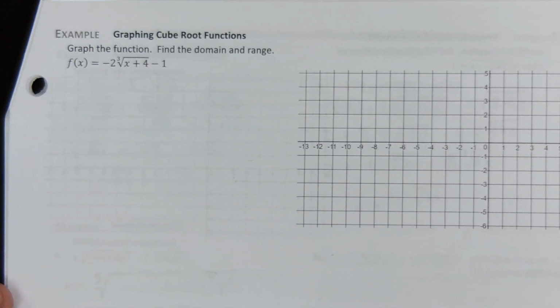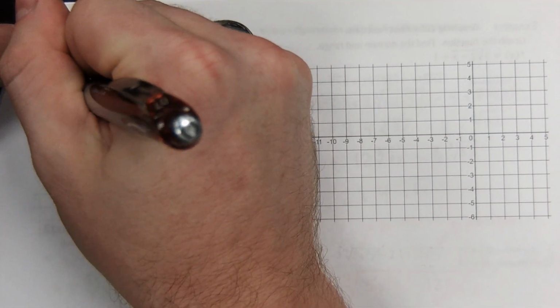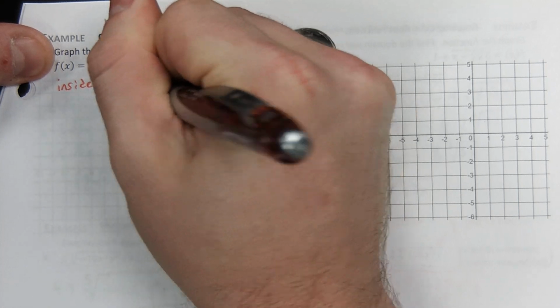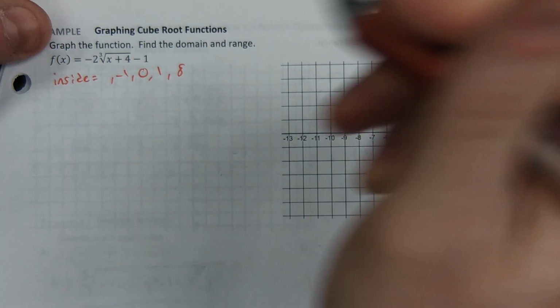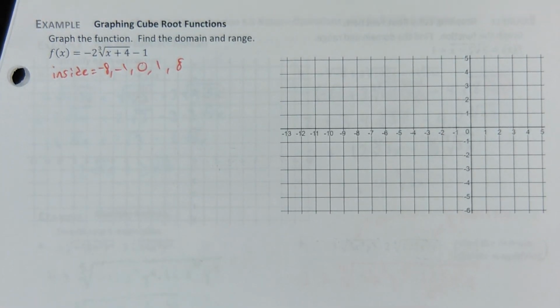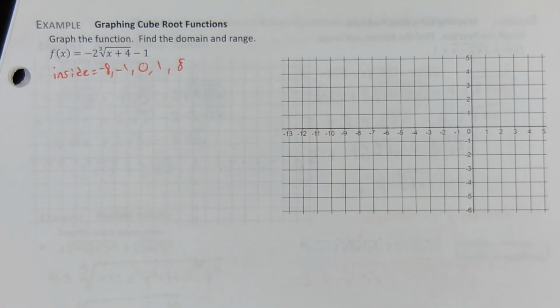So guess what those 5 cubes are that we're looking for? 0's the one that is in the middle. 1. So 0, 1, negative 1, 8, negative 8. Remember, they're symmetric around their inflection point, around their center. These are the 5 smallest perfect cubes. And that's why we're going to go for those 5.